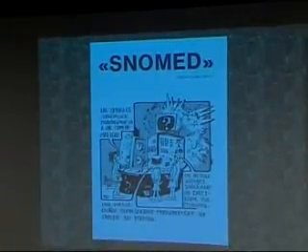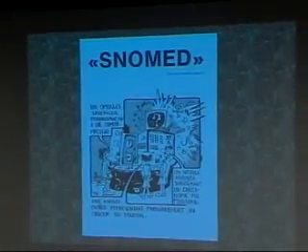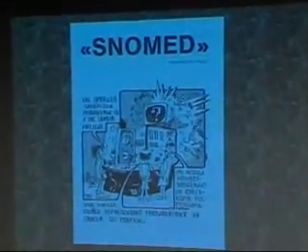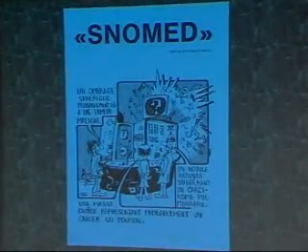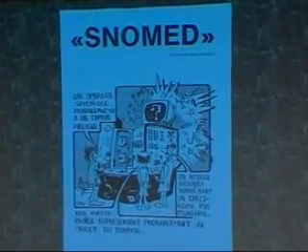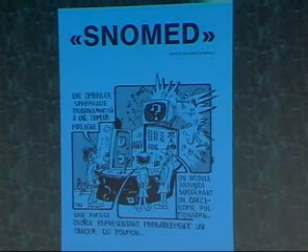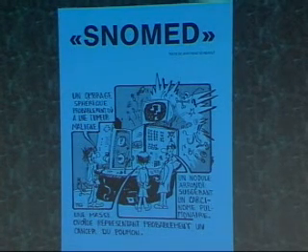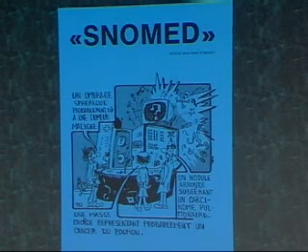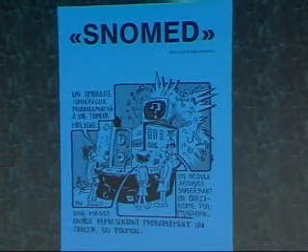Now, in 1975, our university being a little bit like here, we have all these people who spend their time making fun of others. And L'Actualité Médicale said, SNOMED, what is it? And they took the terminology as used by Dr. Simon, the radiologist.